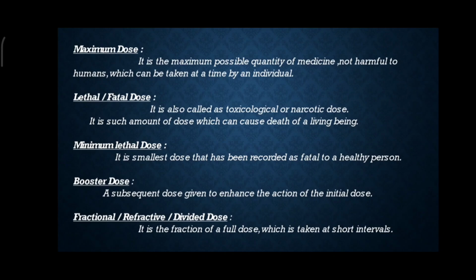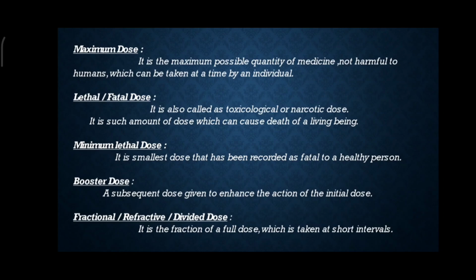Lethal or fatal dose. It is also called the toxicological or necrotic dose. It is such amount of dose that can cause death of a living being. The fatal dose of different substances may vary depending upon their toxicity. A fatal dose of a mild poison will obviously be more than that of a stronger poison.